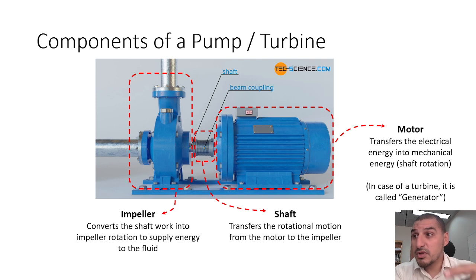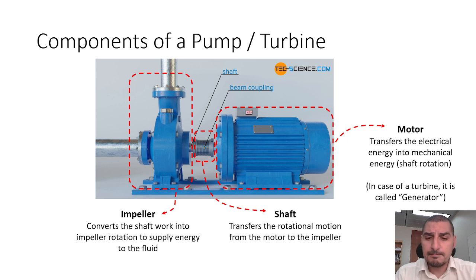The impeller rotates very quickly, and as it rotates, it increases the kinetic energy and the pressure of the fluid. So the fluid coming out here has much higher energy than the fluid going in from here. So these are the components of the pump: mainly the motor and the impeller and the shaft work being transferred from here to there.